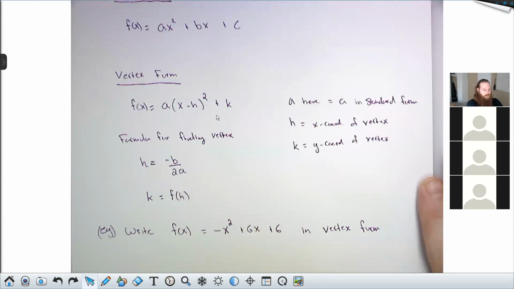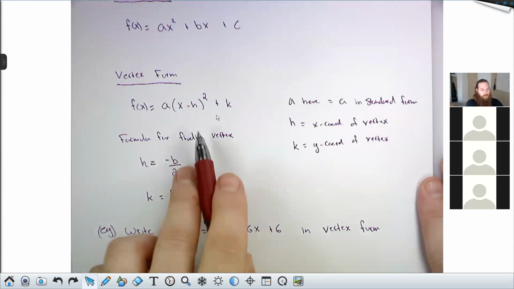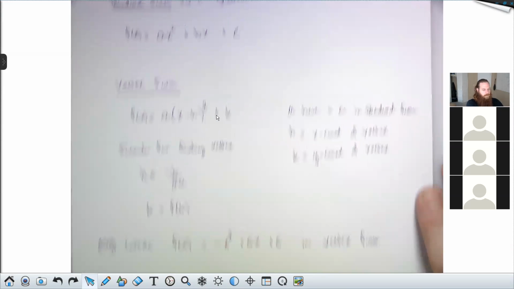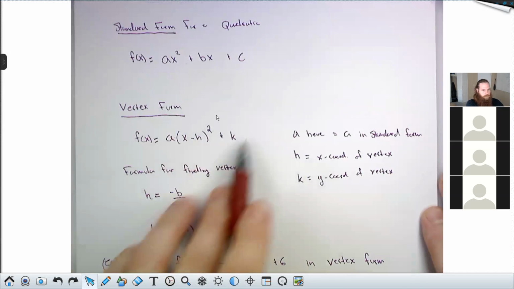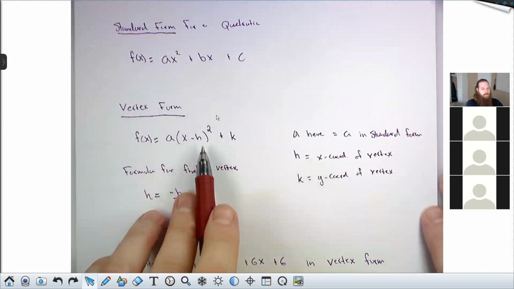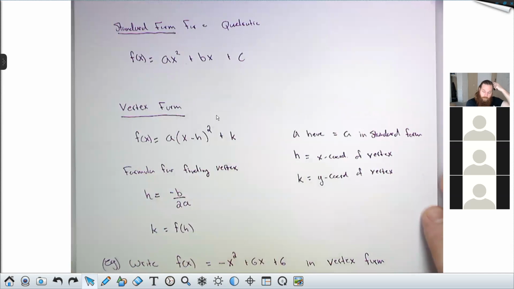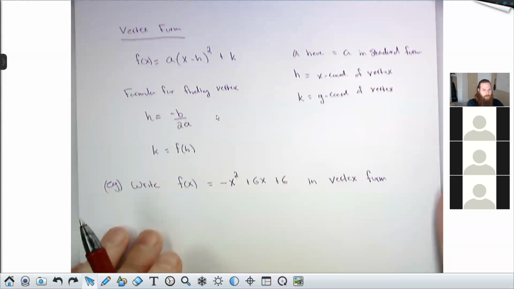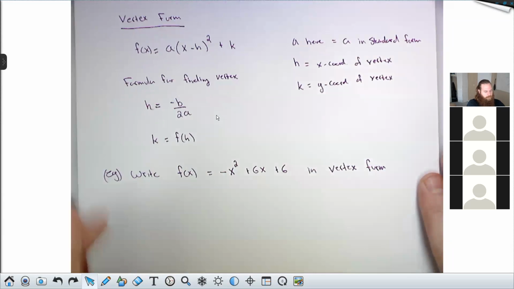So I want to write this, which is in standard form right now, in vertex form. This vertex form is important. Make sure this is somewhere in your notes, nice and clear, that you can refer back to it. We'll need it often. Our first step is going to be to find h.